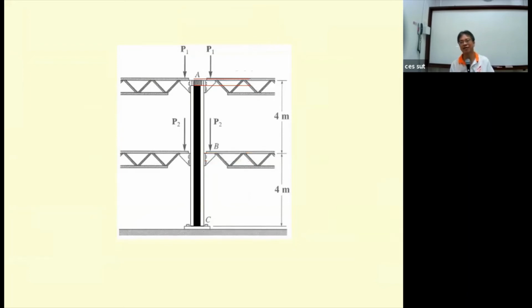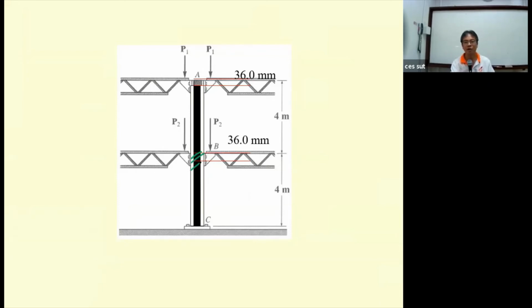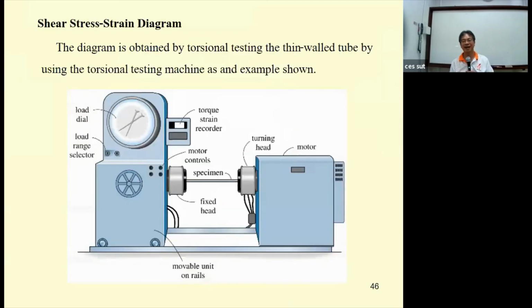And then after release of force, both of them will have the 36 millimeter shortening, because this column will have the permanent set. We have the permanent contraction of 36 millimeter, and the top also will move by 36 millimeter. Okay, that's all we have for the first portion of this PowerPoint.